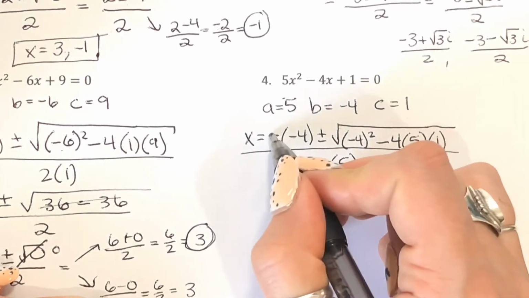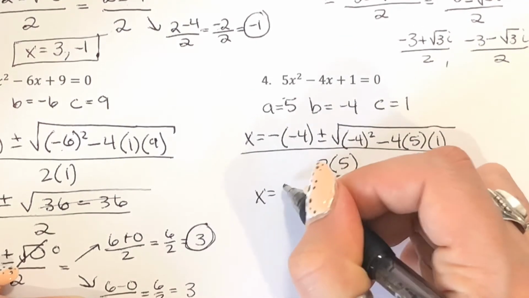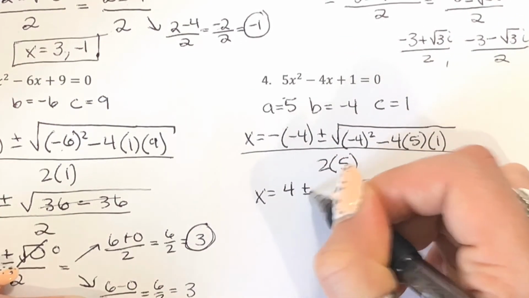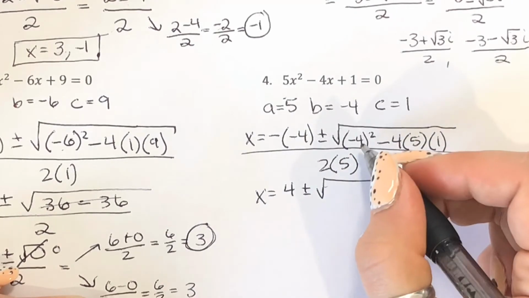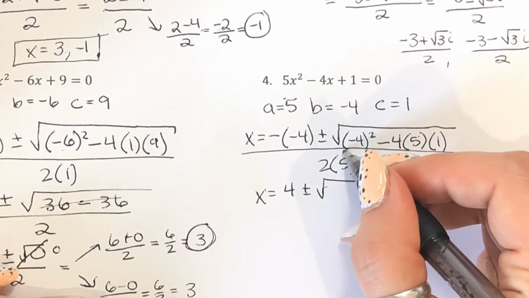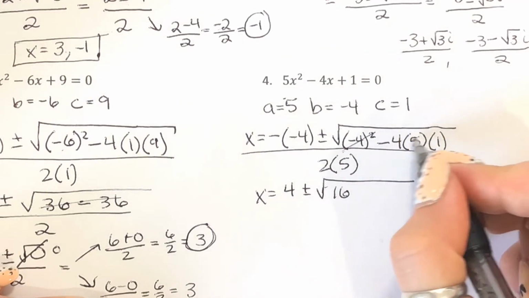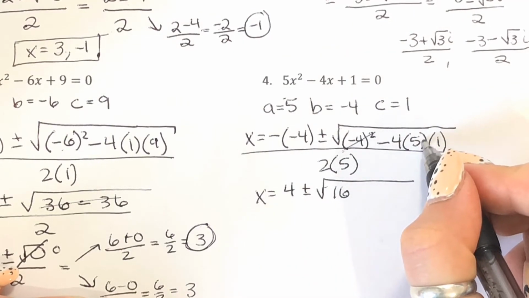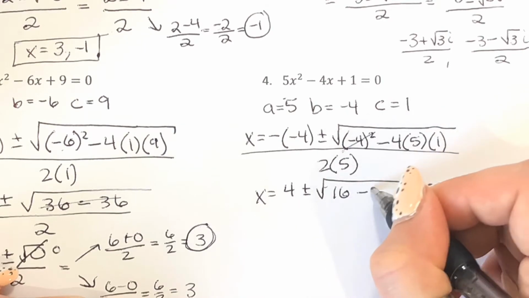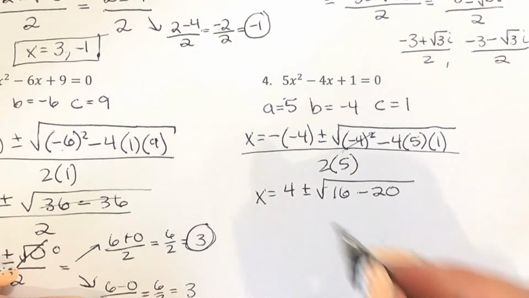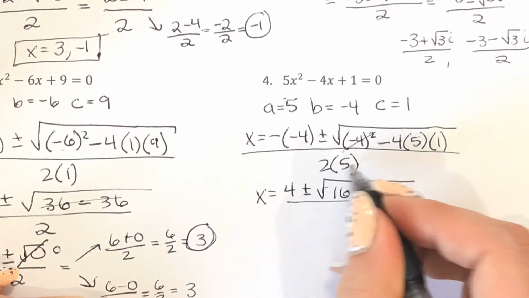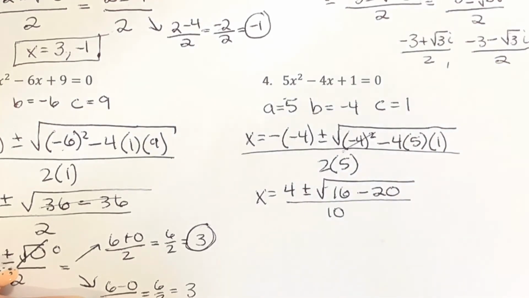Again, we have a double negative, so that's going to turn to a +4, plus or minus the square root. -4 squared is a +16, and then -4 times 5 is -20, times 1 is still -20, so we get a -20 there, all divided by 2 times 5, which is 10.